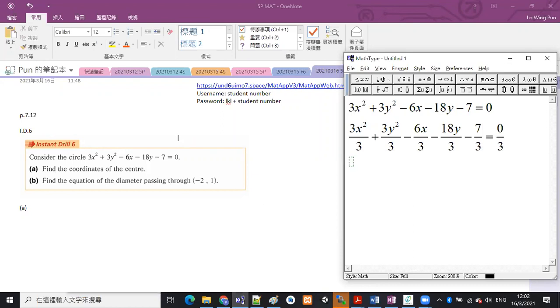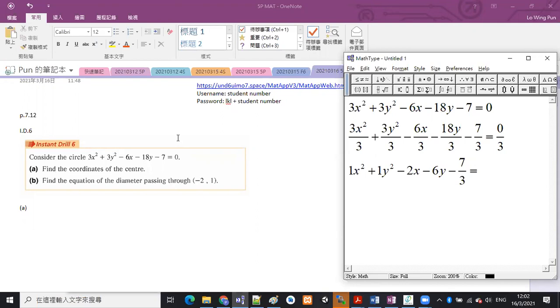First term, 3x squared over 3 is x squared, so now it becomes 1x squared. And 3y squared over 3 is 1y squared. Then 6 over 3 is 2, and then we have x. 18 over 3 is 6, and then y. 7 over 3 cannot be simplified, so just leave the fraction here.